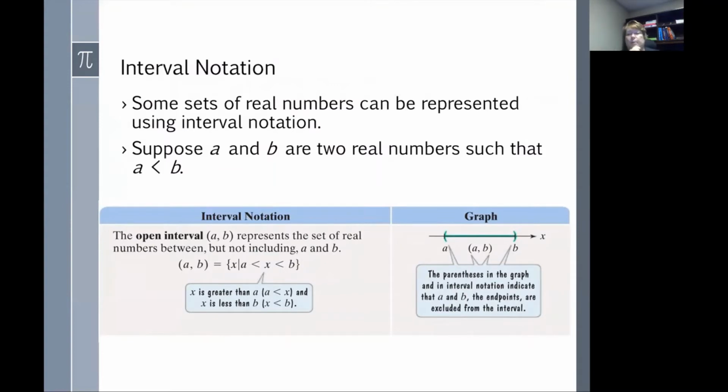If I have two real numbers, A and B, and A is less than B, the open interval, parenthesis A comma B, represents the set of real numbers between but not including A and B. So parenthesis A comma B is equal to, in set builder notation, the set of all x such that x is greater than A and less than B. So it's all the numbers in between A and B, not including A and not including B. Graphing it, we would draw a parenthesis at A, a parenthesis at B, and draw a line between those two numbers.